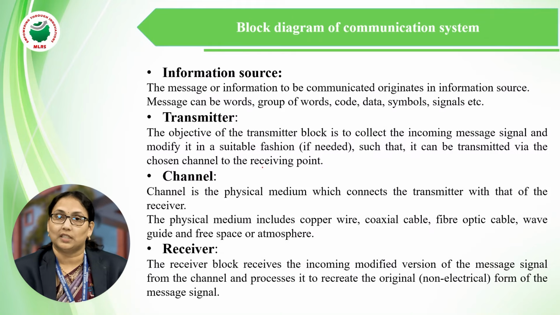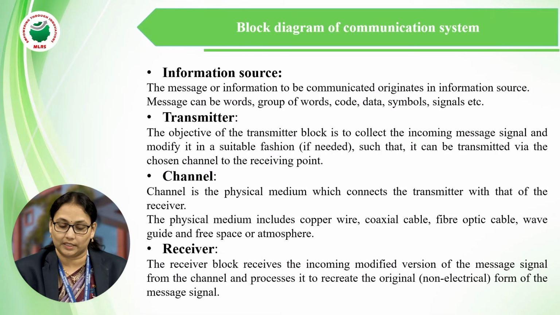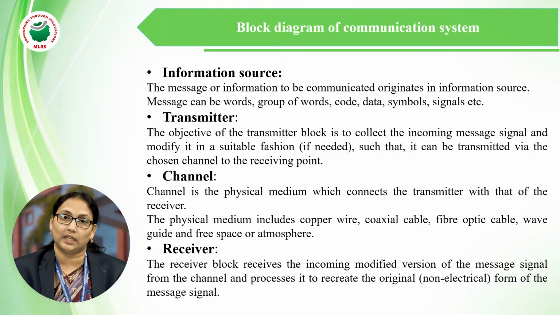Okay, what is the purpose of the transmitter here? The objective of the transmitter block is to collect the incoming message signal and modify it in a suitable fashion such that it can be transmitted via the chosen channel to the receiver point.